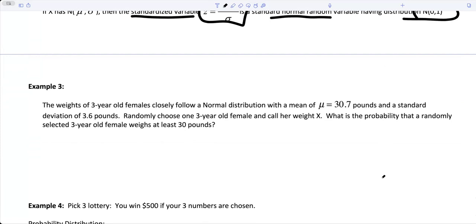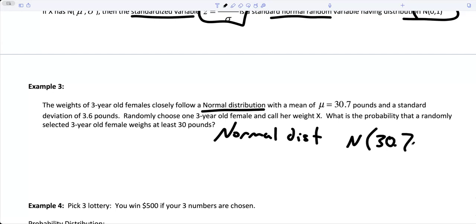Okay, so on the AP exam, sometimes they get a little picky about notation, so make sure that you follow me here. This is a normal distribution, and I know that because they tell me. So if it's a normal distribution, I've got N. What's my mean? Mean is 30.7. Label it.